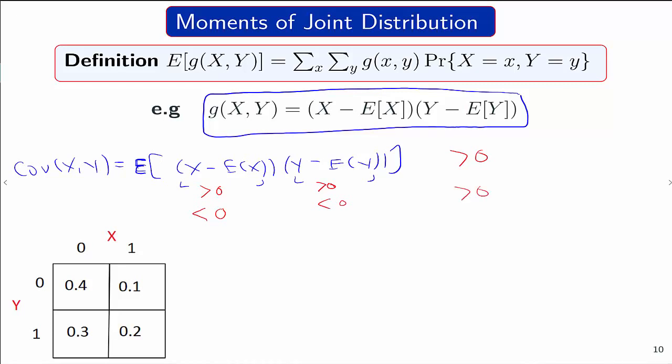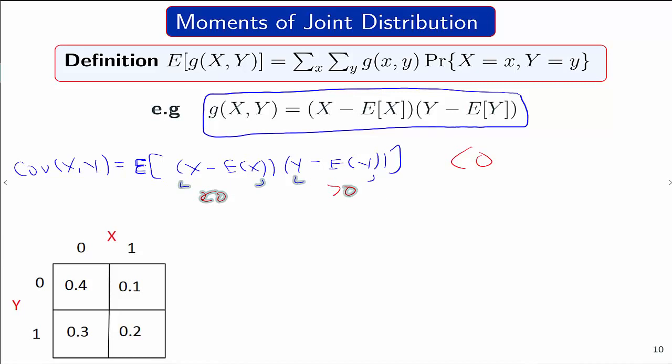So if they both move together, we'd get a covariance that was bigger than 0. And likewise, if they moved in opposite directions, if when X was lower than its mean, so we'd have this less than 0, and when Y is bigger than its mean, again, on average, this would be less than 0, which would give us a measure that they move in opposite directions.